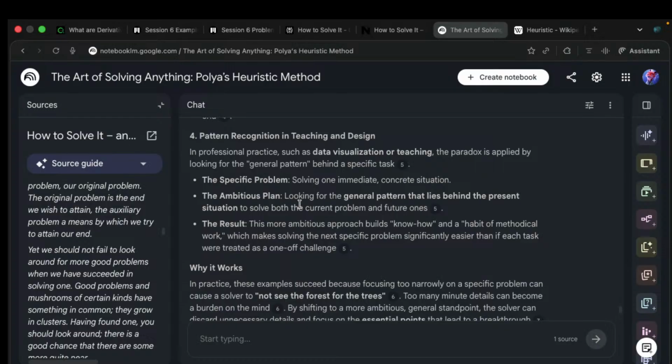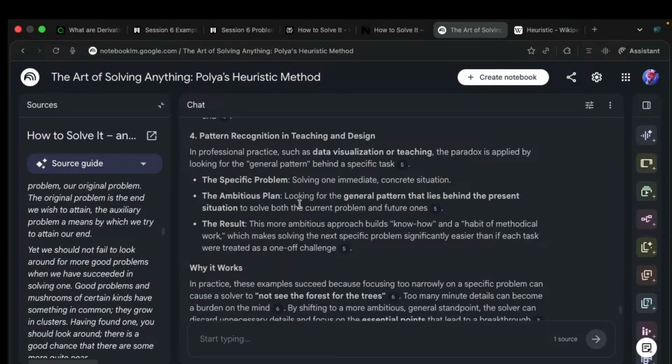So in practice, these examples succeed because focusing too narrowly on a specific problem can cause the solver to not see the forest for the trees. Too many minute details can become a burden on the mind. By shifting to a more ambitious standpoint, the solver can discard unnecessary details and focus on essential points that lead to a breakthrough.